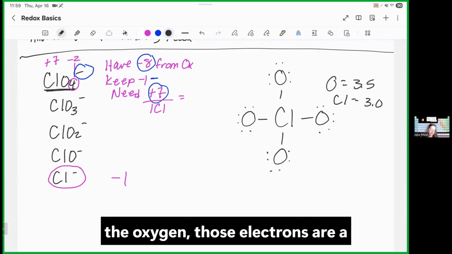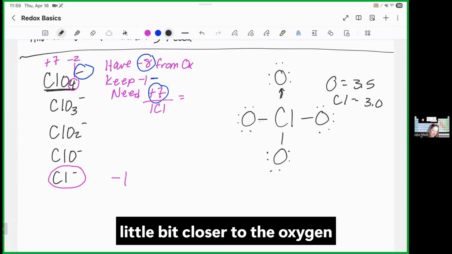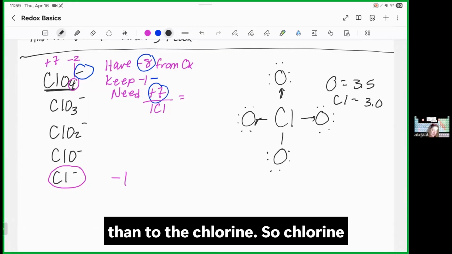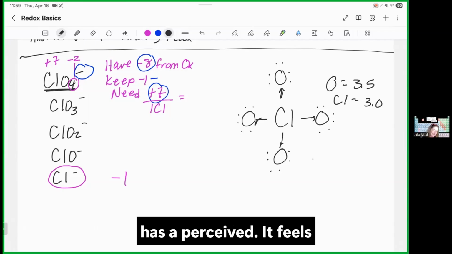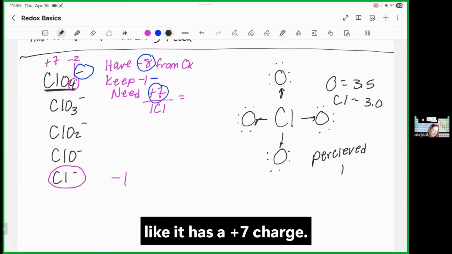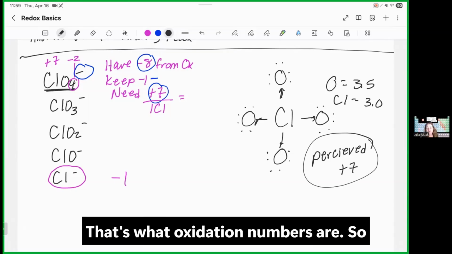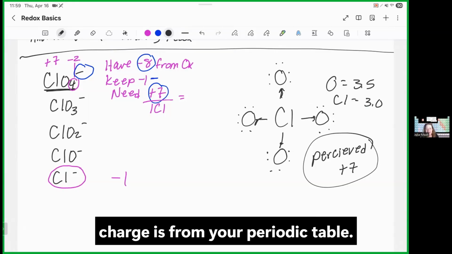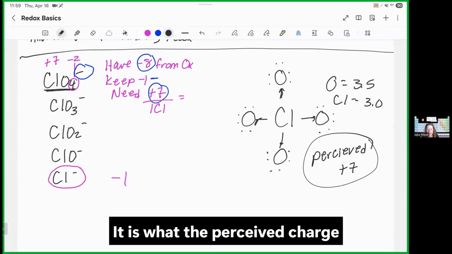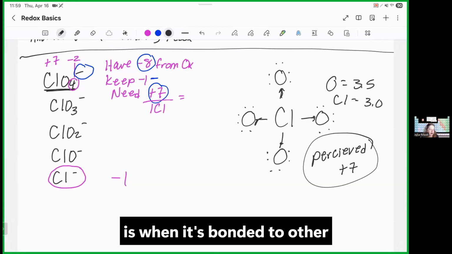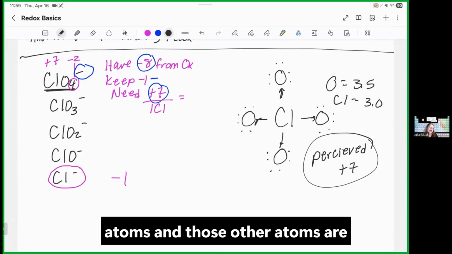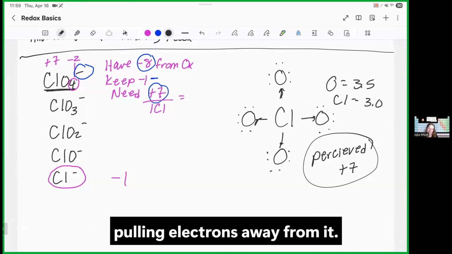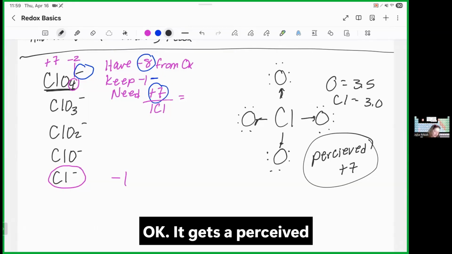Okay, so those electrons are a little bit closer to the oxygen than to the chlorine. So chlorine has a perceived, it feels like it has a +7 charge. That's what oxidation numbers are. So they are not necessarily what the charge is from your periodic table. It is what the perceived charge is when it's bonded to other atoms and those other atoms are pulling electrons away from it. Okay, it gets a perceived charge.